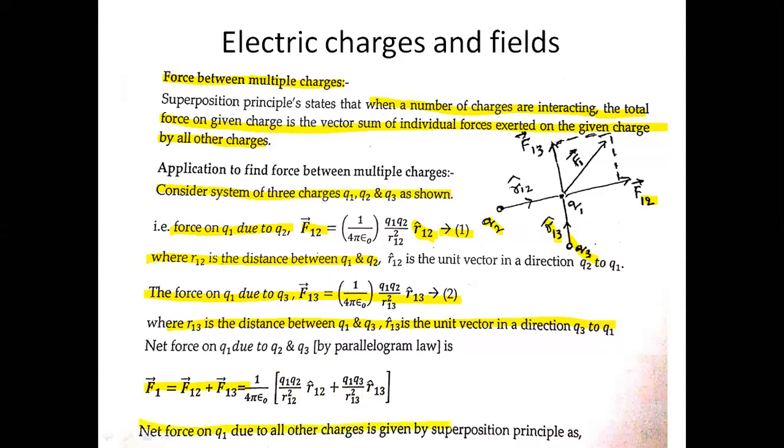So the net force on Q1 due to all other charges is given by the superposition principle, as you see here. What I have done is add F12, F13 and so on, as I also explained in the last class. So 1 over 4 pi epsilon naught, with the bracket Q1 Q2 over R12 square, R12 cap, plus Q1 Q3, and so on.